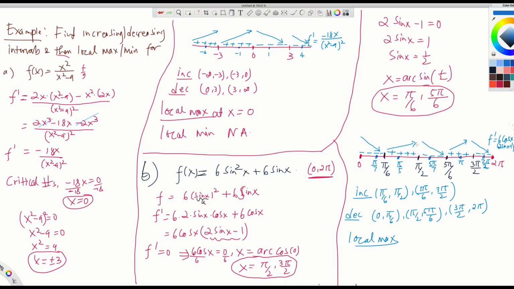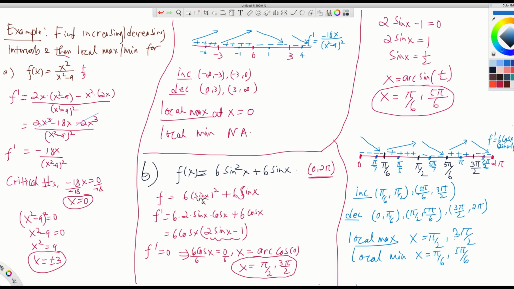So this is the increasing and decreasing convention. So x equals pi over 2 and then 3 pi over 2. Right? And here also increasing and decreasing. So local max, local max. Local min is at pi over 6 and 5 pi over 6. Local min is x equals pi over 6 and 5 pi over 6.